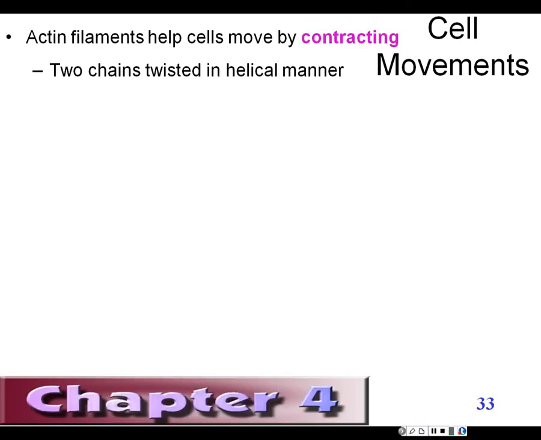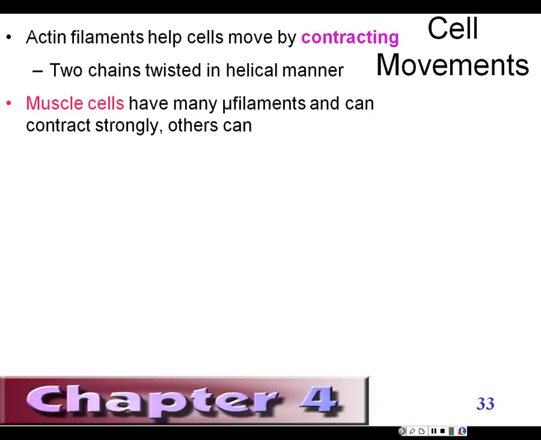Once you have this cross bridge formed, you have the ratcheting effect that shortens the muscle. You want to talk about tropomyosin, right. The tropomyosin is the thread that covers the active sites until it has been activated, where it rolls away, and then myosin can bind. But anyway, we won't get into all that. Just know a little bit. So muscle cells have many of these microfilaments, and they can contract very strongly.